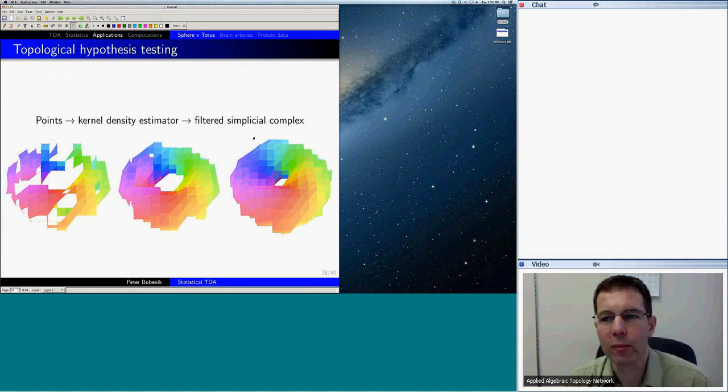This is the picture here. I'm filtering by super level sets of the density estimator. I see, okay. So the density in the middle of the sphere, even with one point in there, is going to be very low and it's going to appear very late. The kernel density estimate is a little bit robust to outliers, but it's not going to be helpful if I have uniform Gaussian noise across the data.